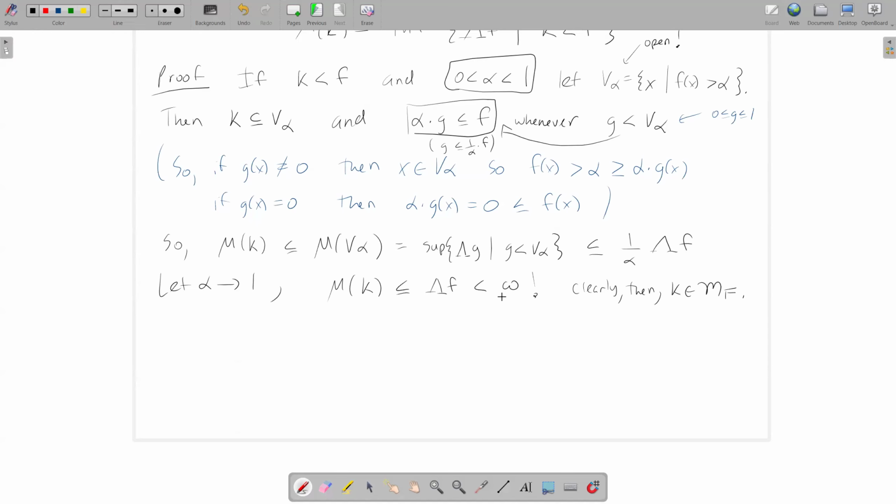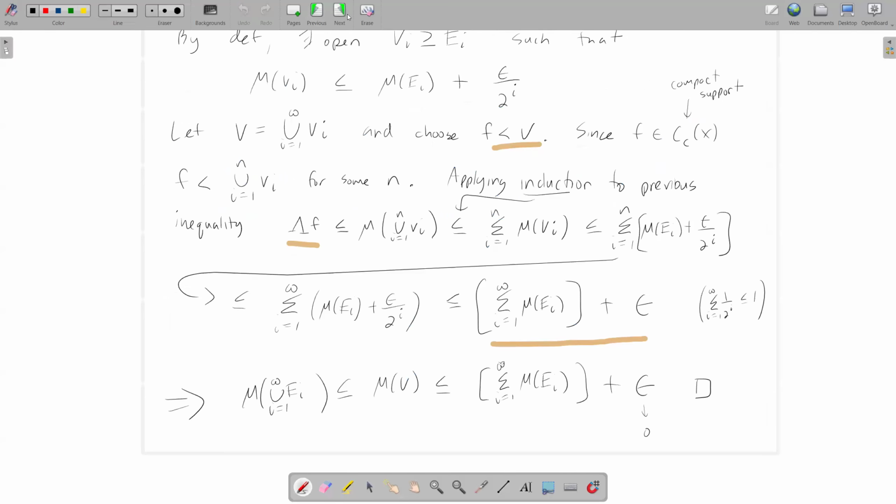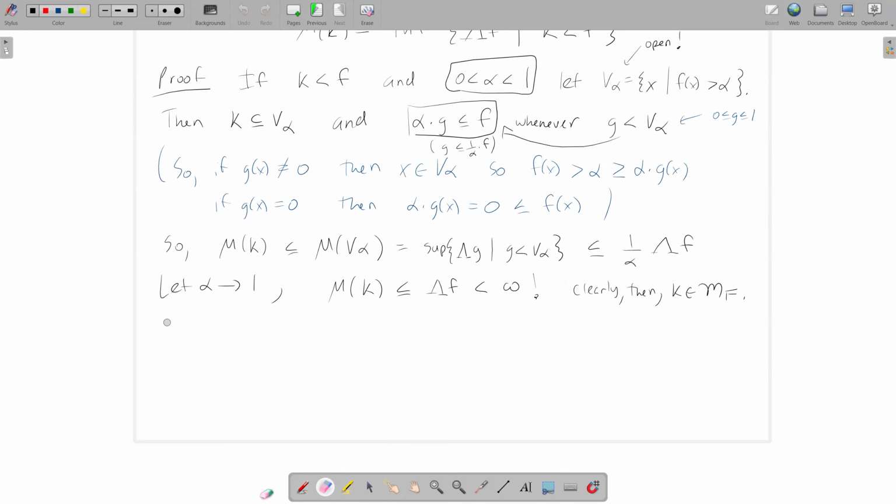Now let epsilon be greater than 0. There exists V open, containing K, such that the measure of V is less than or equal to the measure of K plus epsilon.